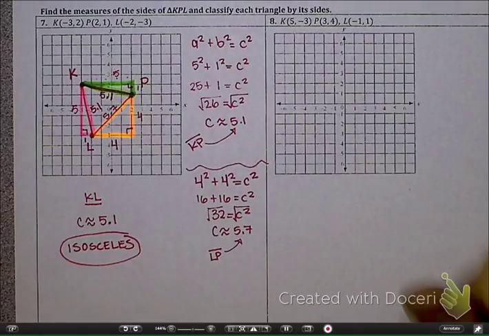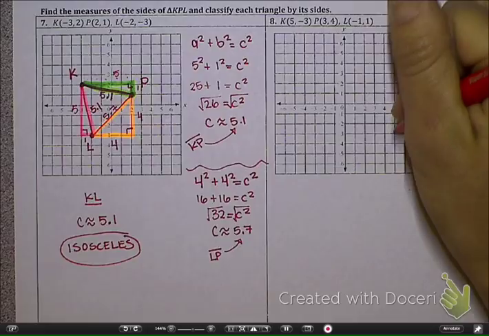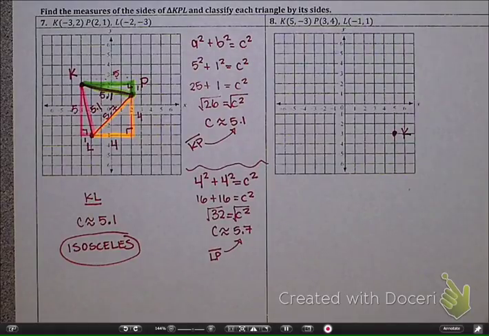So everyone graph your points. See if you can work ahead of me a little bit. Okay? See if you can work ahead. Try to figure some of the parts out. Okay? Make sure you're graphing accurately. If you mess up your graph in the very beginning, it makes the whole problem turn out wrong.